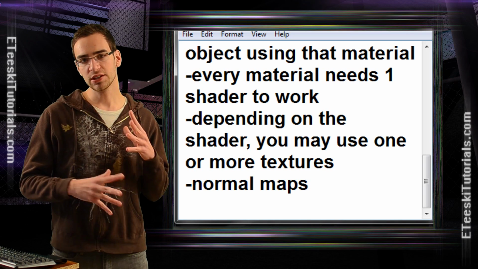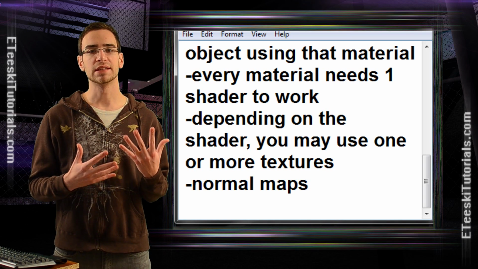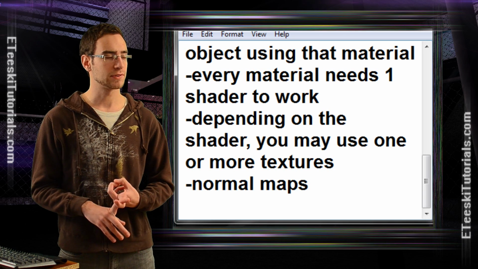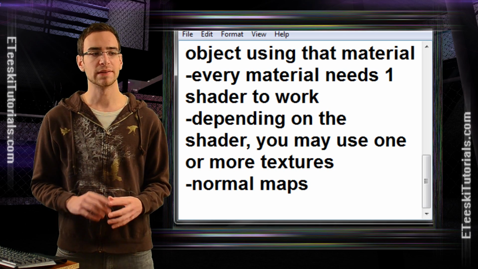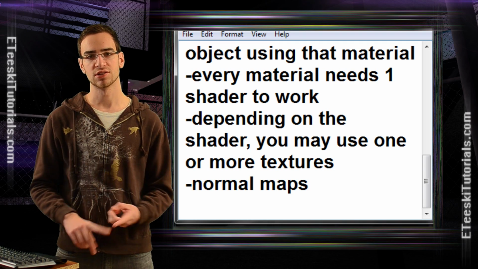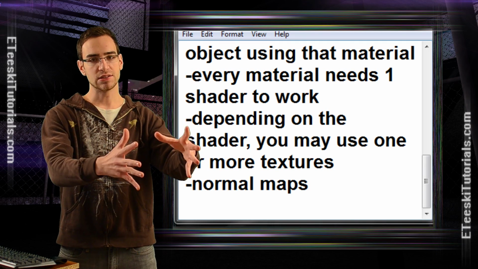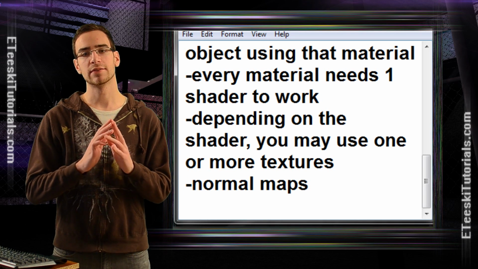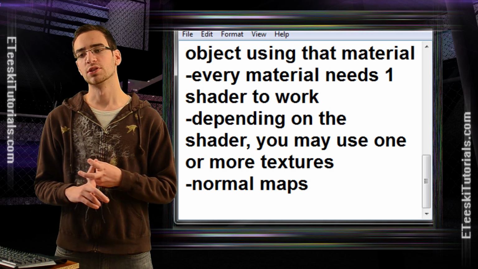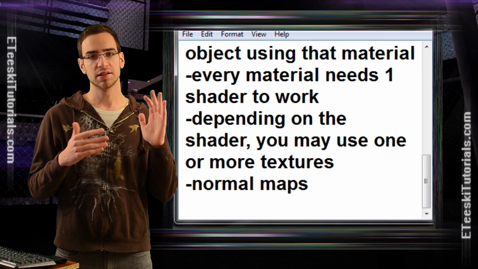Okay, so some of the shaders will need more than one texture. Take for example, bump diffuse. So bump diffuse, basically you give it one texture, and that is the image that it just puts on that particular game object. And then you give it the bump file, which is a normal map, which is another type of texture.